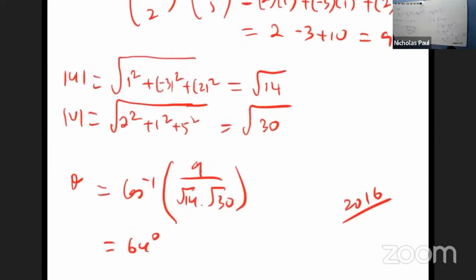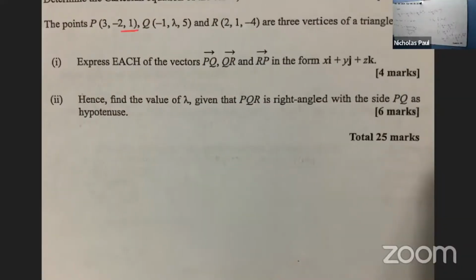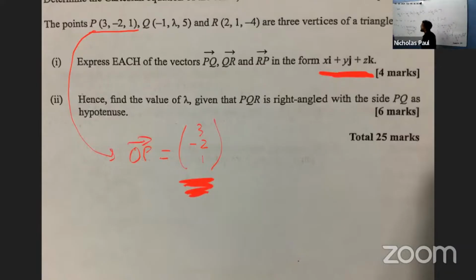Maybe in radians, you got 1 point something. Try this one here. How to turn this into a position vector? Right. OP is equal to 3, minus 2, 1. So I like to work it out like this first and then write it like this. Oh yeah, I forgot the arrow. The arrow shows it's a vector, right? Go ahead. Work out this.